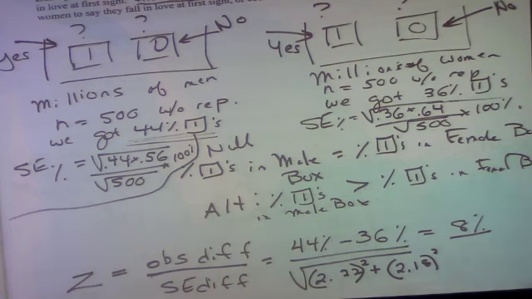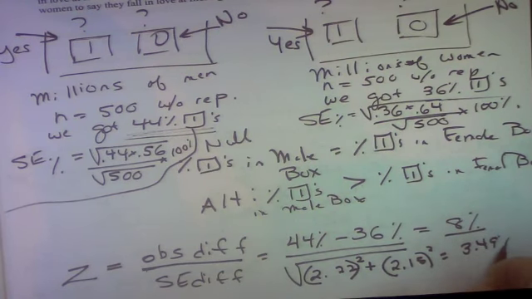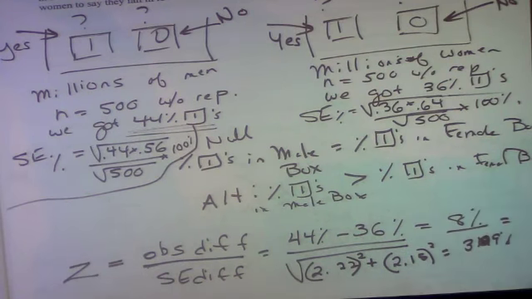2.15. Now I'm going to square this one and add it to the other one, which is 2.22 squared, and then take the square root. What, did anybody do that? 3.49%. 3.09, and then I get 8 divided by 3.09. And what'd you get? 2.6?